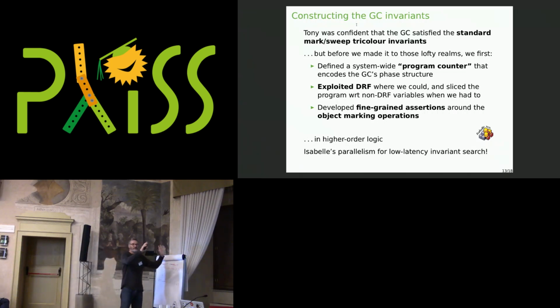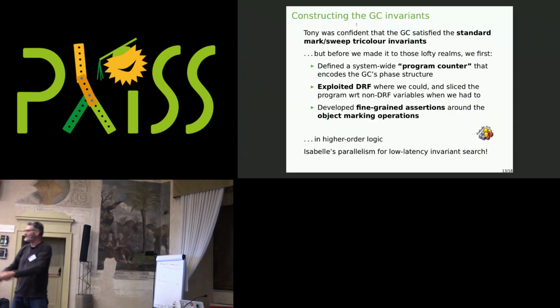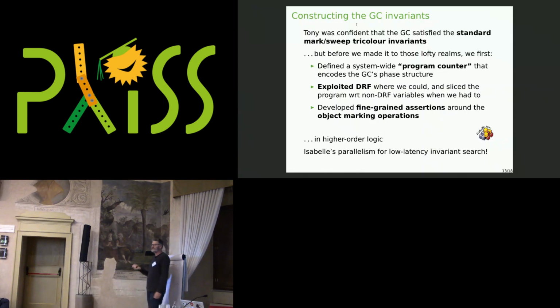So you throw mutators over the fence of these handshakes, and at some point you get them all across that point, and then we know that the collector is either in that phase or has moved on to the next one. And then you try to get them onto believing that the collector's in the next phase. We did use data race freedom where we could, and sliced the program with respect to the variables that are not data race free.